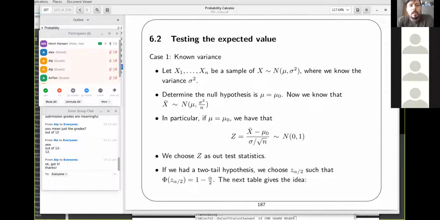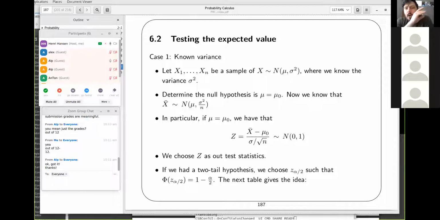So we determined the null hypothesis, that we have some predetermined value. Remember that mu0 here is the one that's postulated in the null hypothesis. The actual value is mu.